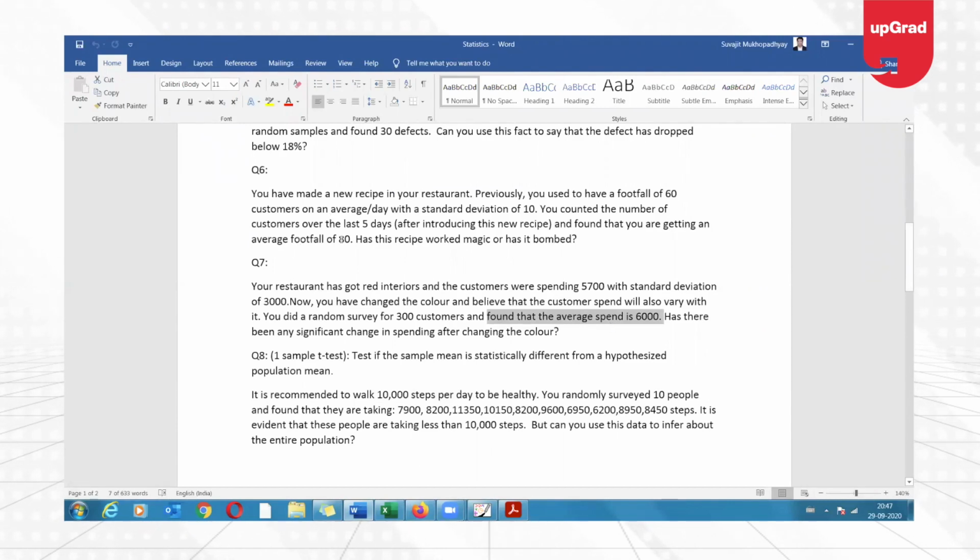Here also we used to compare it against this average in the sample side. Here we do not have it directly, but we can certainly calculate it from here.